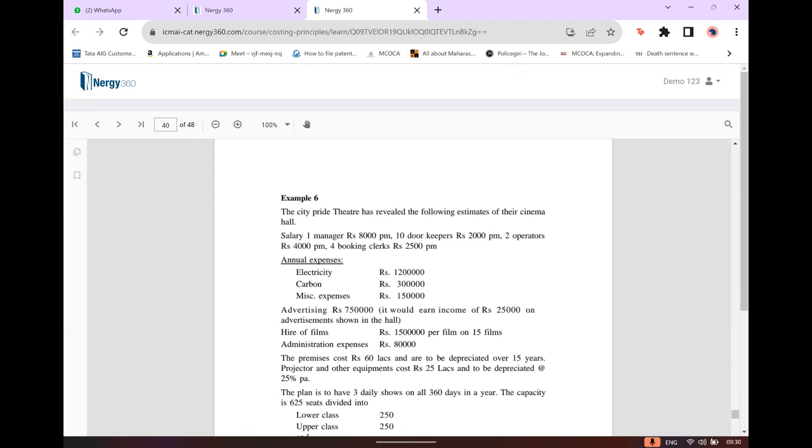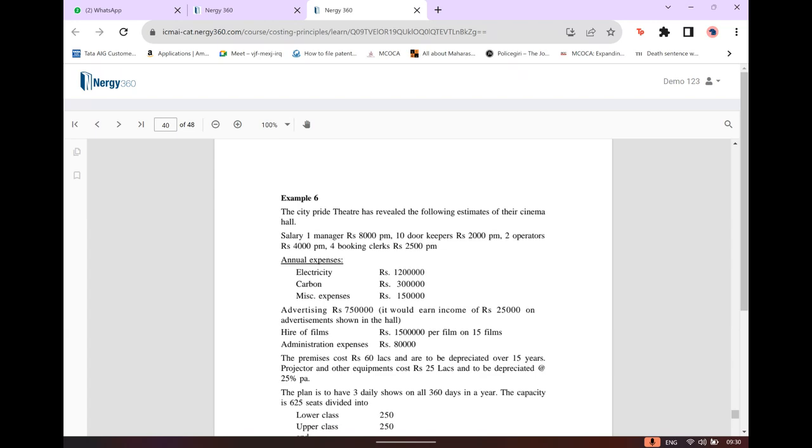The premises cost 60 lakhs and has to be depreciated over 15 years. Projector and other equipment cost 25 lakhs and are to be depreciated at 25%. The plan is to have 3 daily shows on all 360 days in a year.